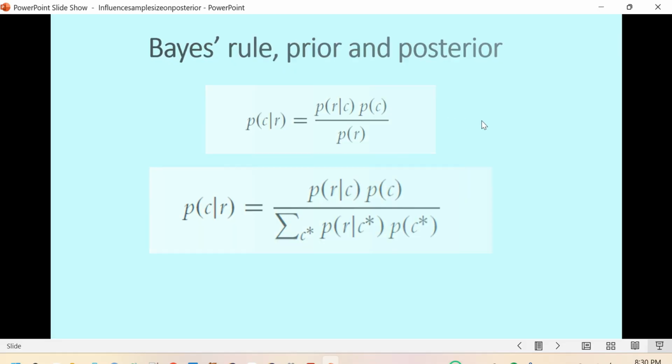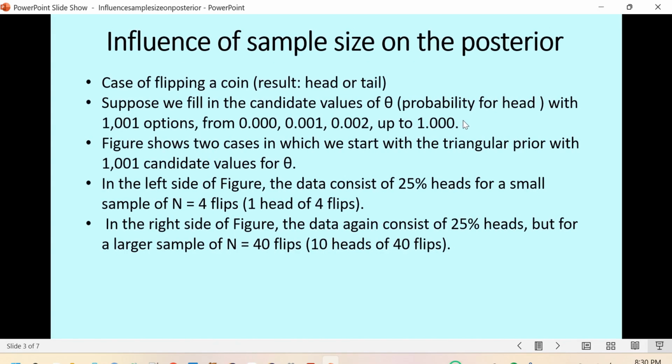So we think there are 1,001 available values for theta, from 0.0 to 1 with 0.001 in the gap.